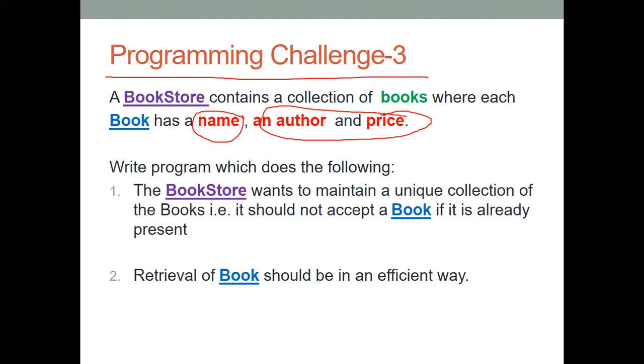The Book class has three properties: name, author and price. Write a program which does the following. What do you have to do? The bookstore wants to maintain a unique collection of books. It doesn't store duplicates. It means it should not accept a book if it is already present. And retrieval of the books should be efficient.